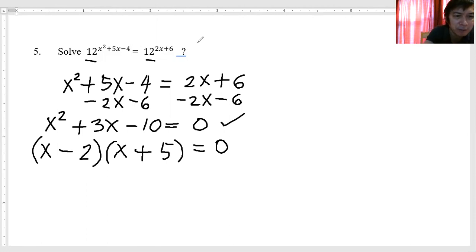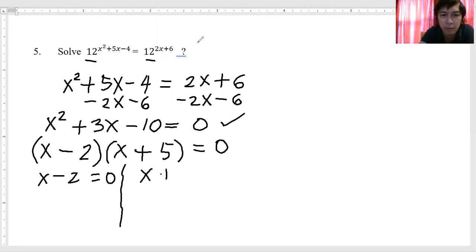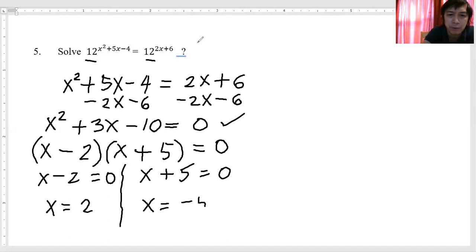All right. Now this is now x minus 2 equals 0. We're now going to equate both factors to 0 there and come up with the answers. And we have here x equals 2 and x here equals negative 5.